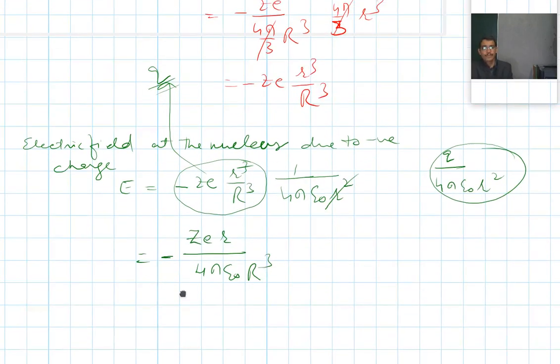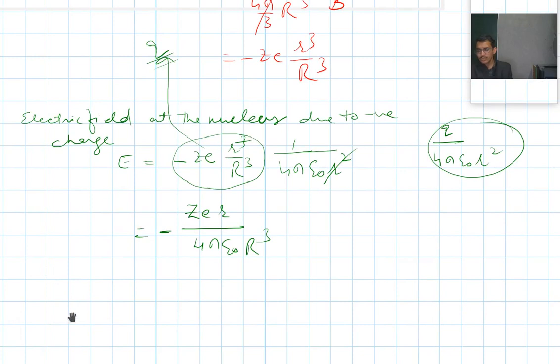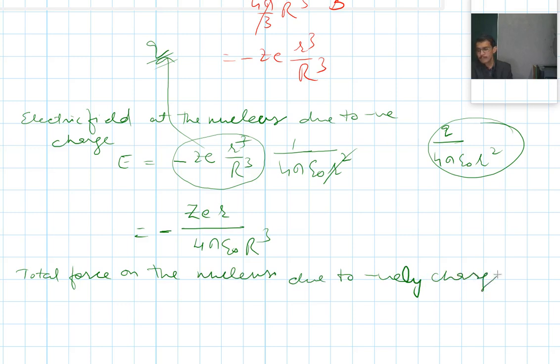Now the total force on the nucleus due to the negatively charged sphere, say this F, is equal to ZeE, because this is the charge over the nucleus and this is the electric field at the nucleus, right?